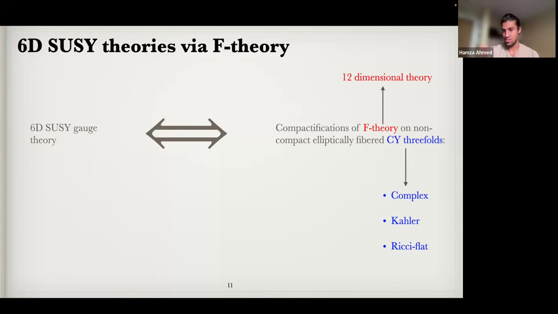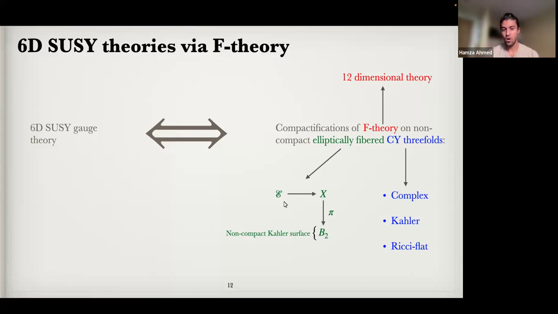In particular, the Calabi-Yau threefolds, I probably don't have to motivate these much to this audience, are complex Kähler manifolds with a vanishing first Chern class, which leads to them admitting a Ricci-flat metric. What's important for F theory is not just any Calabi-Yau threefold, it has to be elliptically fibered. So it has to have this fibration structure given by pi, where the fiber is a torus with a section. A section is very important.